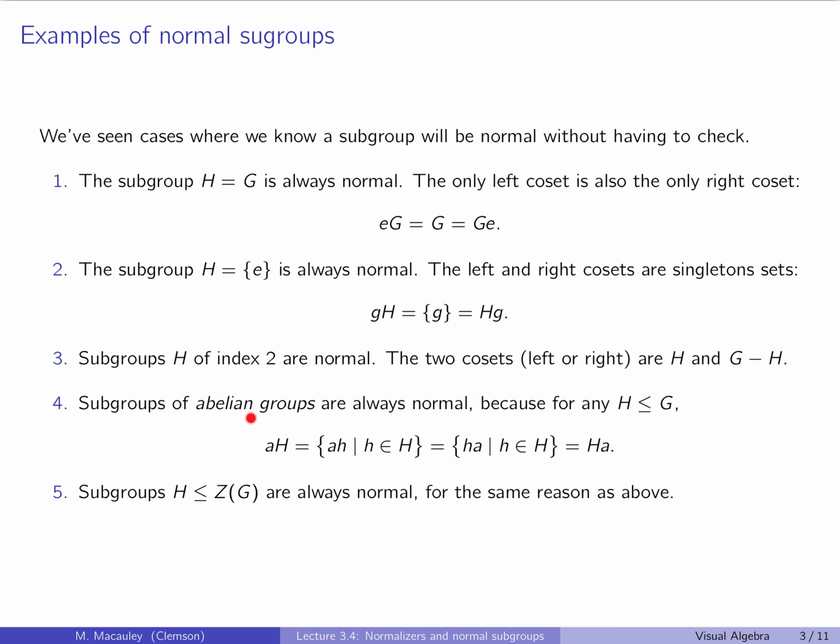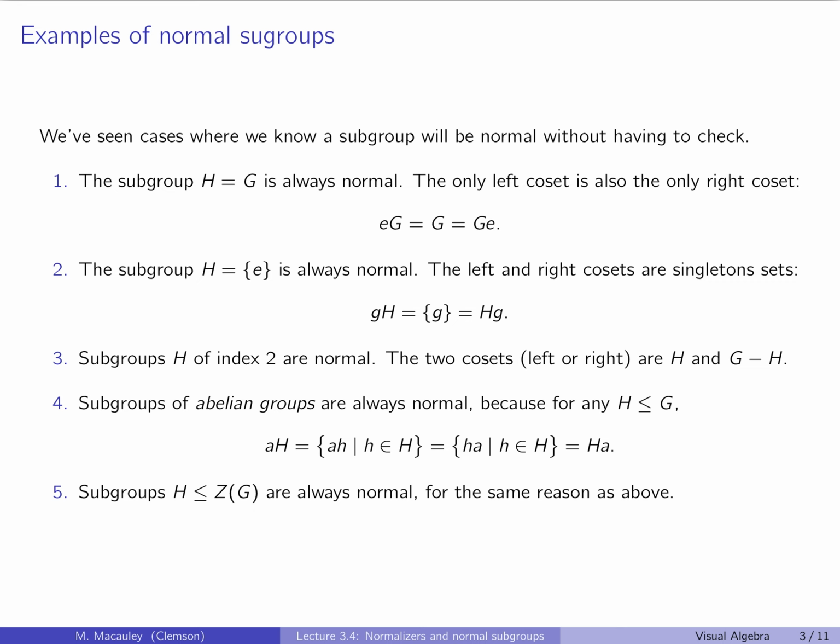Subgroups of abelian groups are always normal because for any such subgroup H, aH equals the set of all products of the form little a, little h. And we can commute these elements to write this as Ha, and that is the right coset, big H times a.